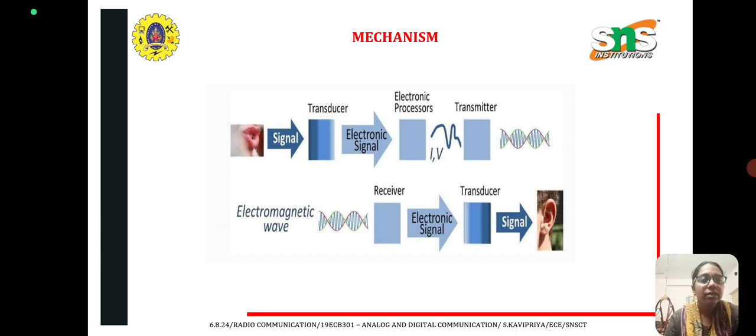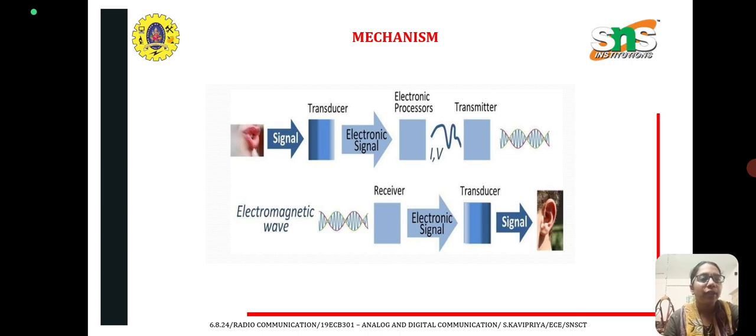The mechanism involved in radio communication is as follows. First, a signal, predominantly a speech signal, passes through the transducer. A transducer is one which converts a non-electrical signal to an electronic or electrical signal. Here it is converted to an electronic signal, which is processed by the electronic processor.